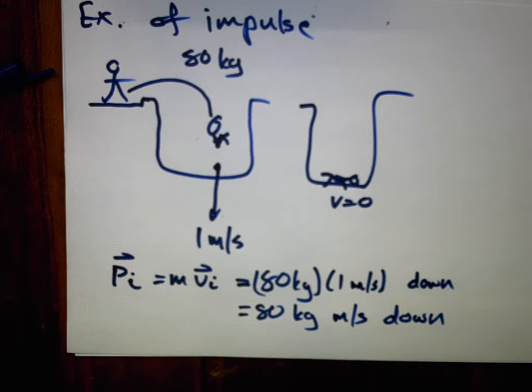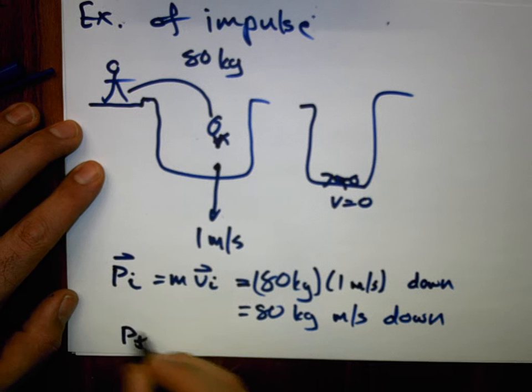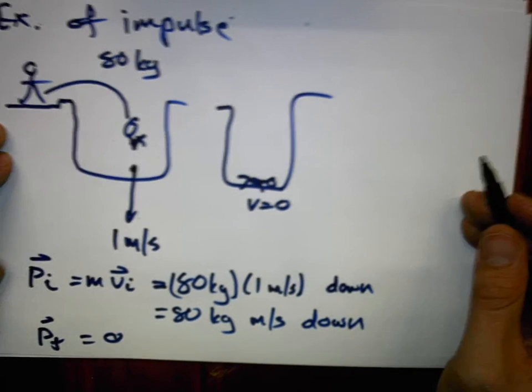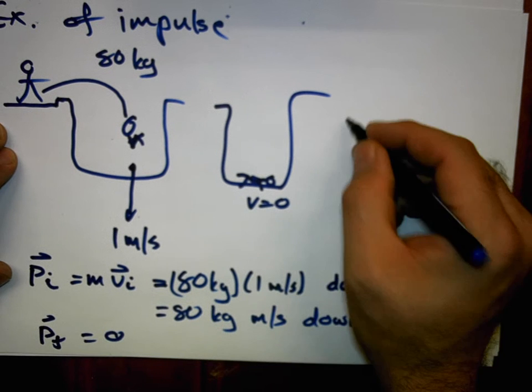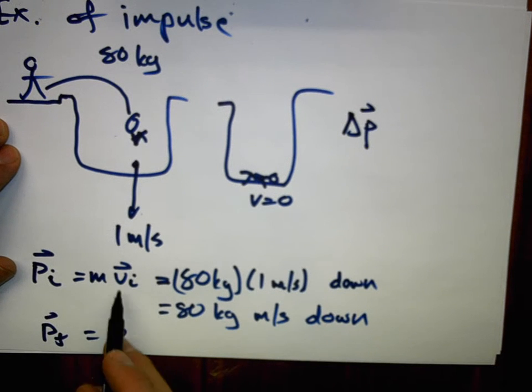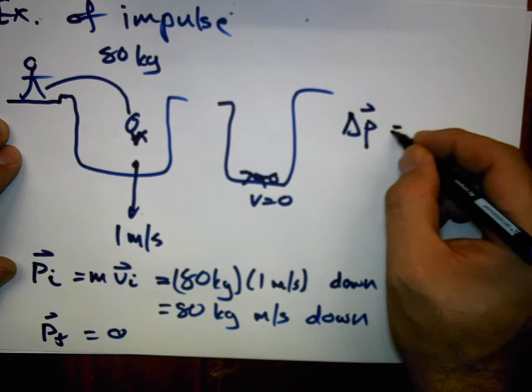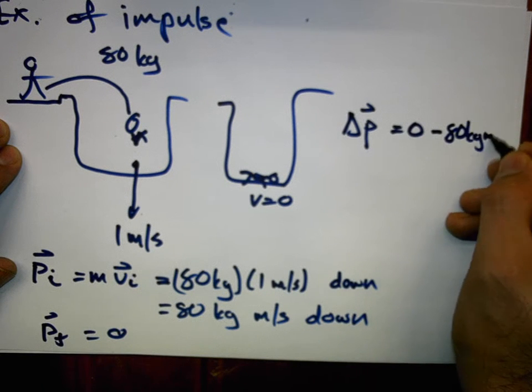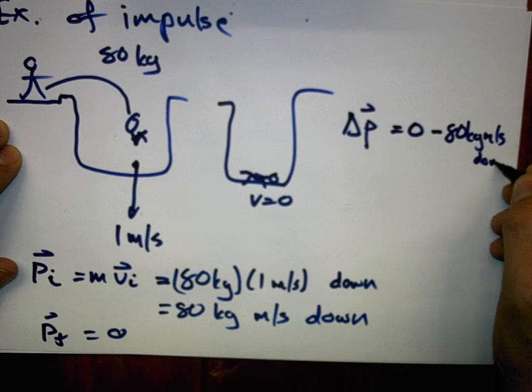Your final momentum is 0. So your change in momentum is just what you ended up with minus what you started out with. So this will be 0 minus 80 kilogram meters per second downwards.